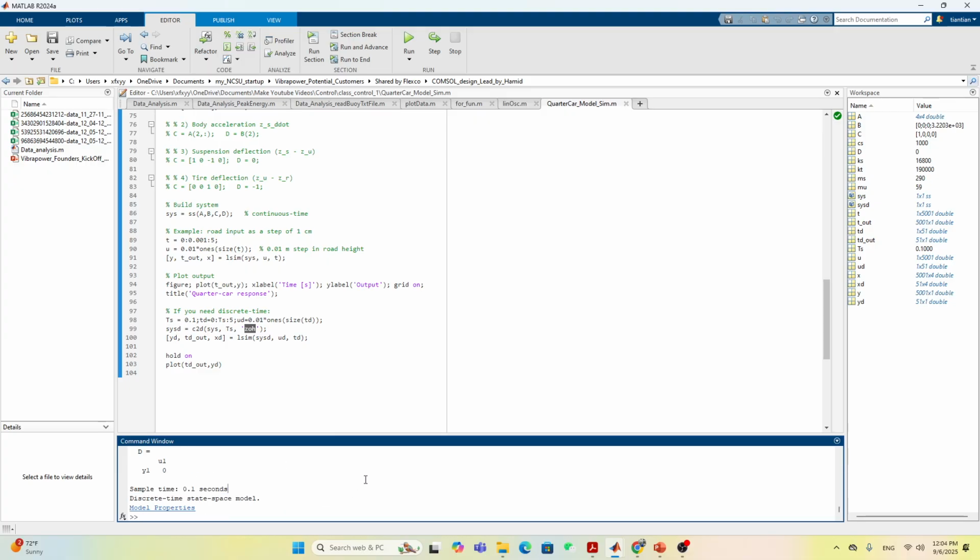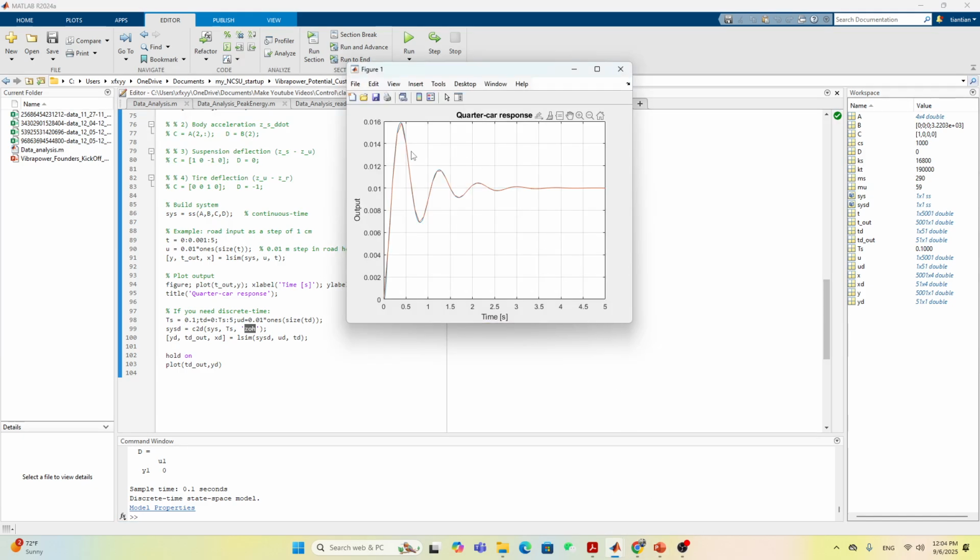I also simulated these two together. For the discrete time system, if the time interval isn't too coarse, it should mostly follow your continuous time system, but as you can see, it also has a lot of discrete time points connected together. This is just one of the quarter car state responses.